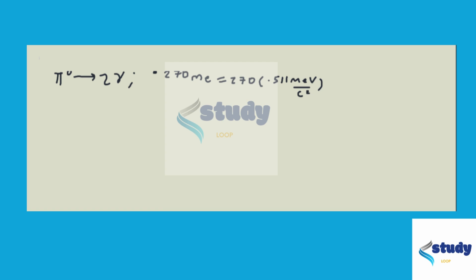Mass is MeV per c squared, momentum is MeV per c, and energy is simply MeV, in units of electron volts. So the rest mass then is simply going to be 137.97 MeV per c squared.